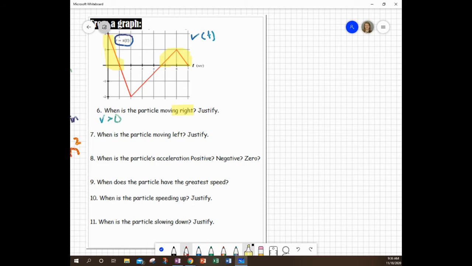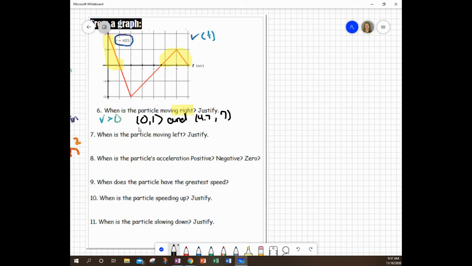So my particle is moving to the right from t equals 0 to 1, and I'm going to estimate that as like 4.7 to 7, right? So that is when my particle is moving to the right.